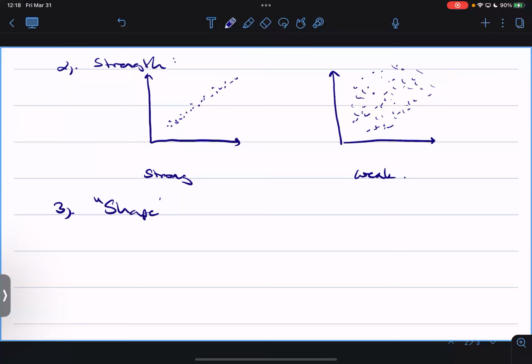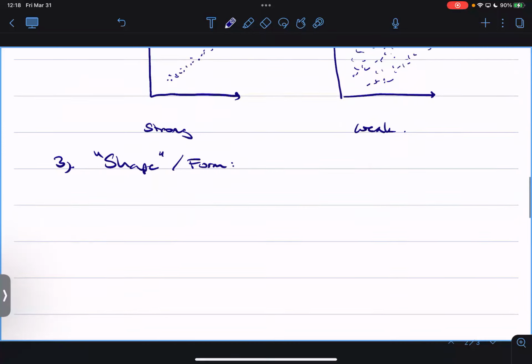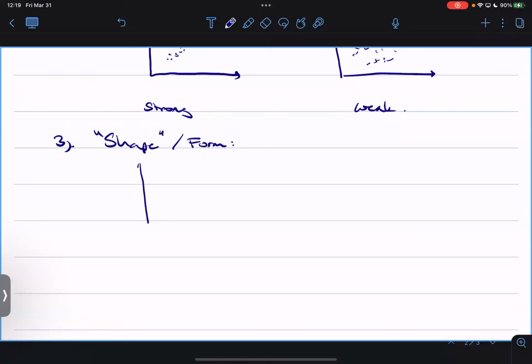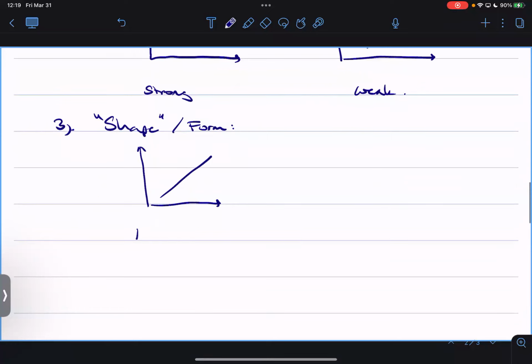Third one, the shape or the form. It's either linear or really anything else is nonlinear, right? Can you describe it with a straight line, or will it not work, right?